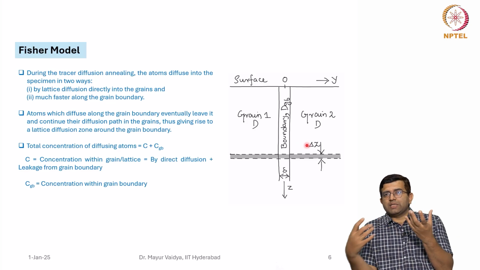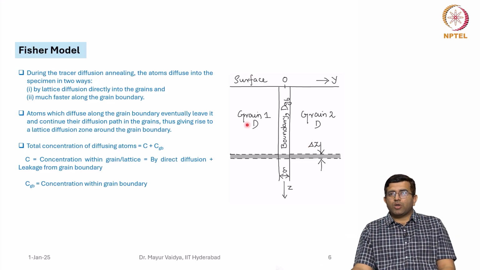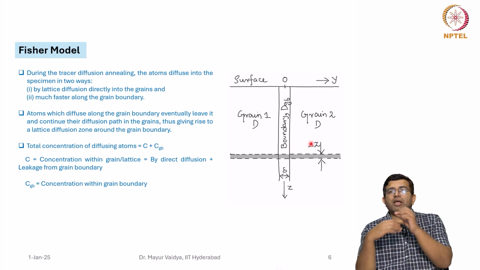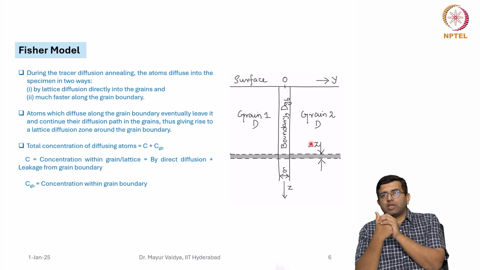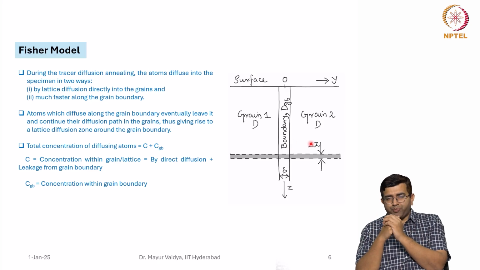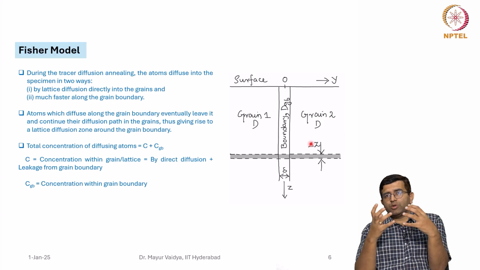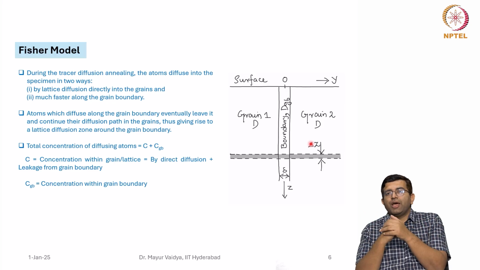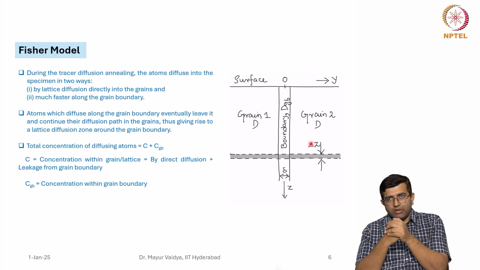What that means is that it is not just sufficient to consider diffusion in z direction, but you also have to consider diffusion in y direction. This itself makes our life a little complicated, because so far we could consider one dimensional diffusion, now we have to consider two dimensional diffusion.